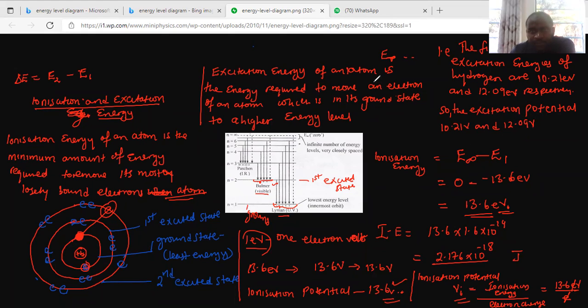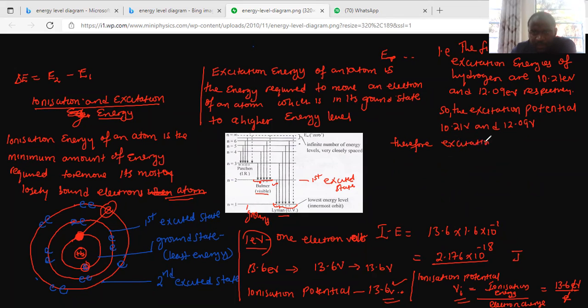Remember also, in case you want to get excitation potential, therefore, excitation potential, let's call it V_E.